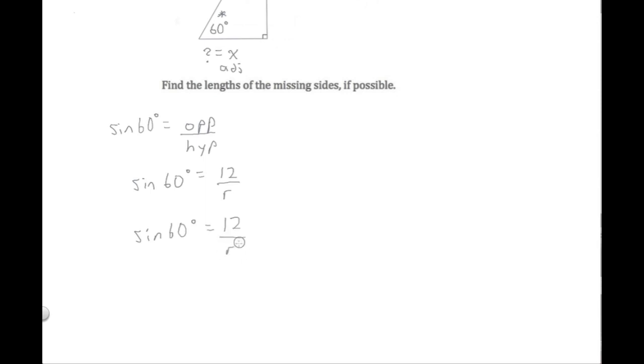We have to get the r out of the bottom of this fraction. Well, the way to get rid of a denominator is to multiply by that value. So I'm going to multiply both sides of the equation by r. That has the advantage of canceling these r's. And you can see I accomplished what I wanted.